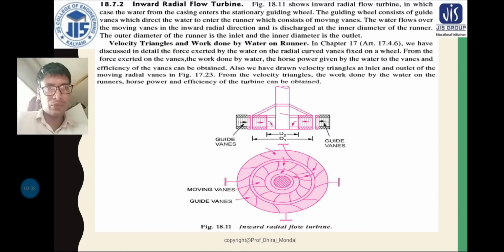The water enters the runner, or the vane, without any kind of external shock and flows smoothly. When it enters the runner, which has spiral-shaped vanes, the runner rotates by the help of pressure energy and kinetic energy, and the shaft rotates as well.